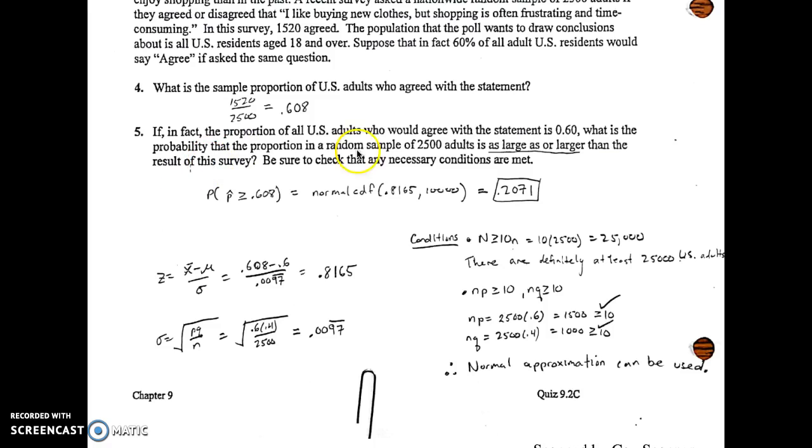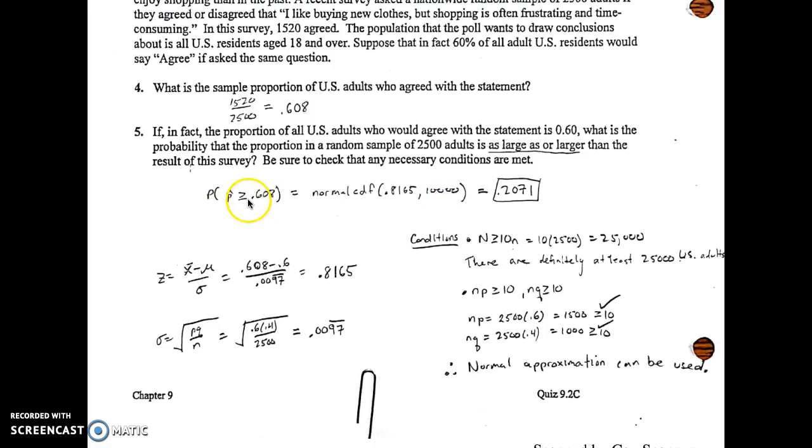So the concept of finding a probability as large as or larger than the result means that you are finding the probability that p hat, the sample proportion, is greater than or equal to the sample proportion, 0.608. And the way you do this is you use the normal CDF command of the z-score that you would obtain up to positive infinity.